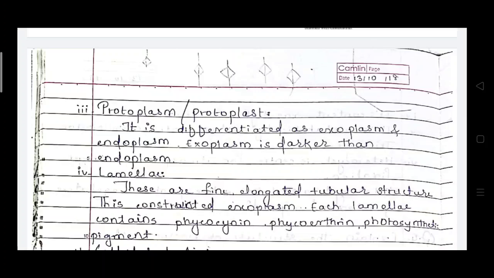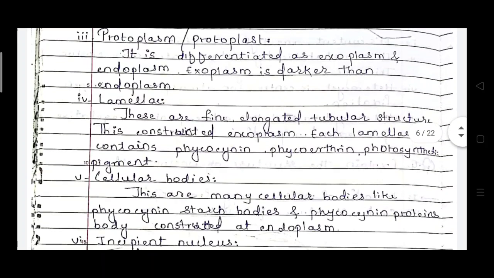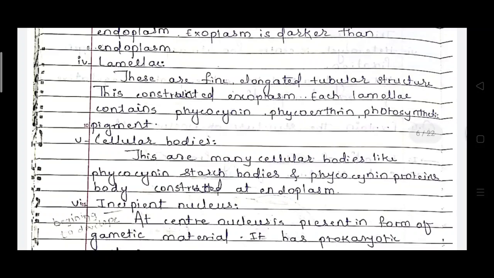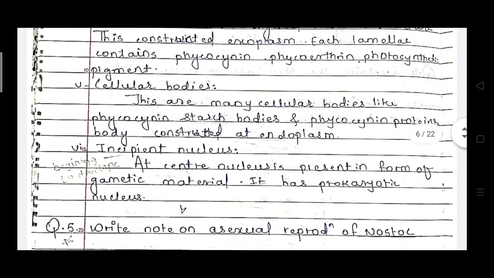The exoplasm is darker than the endoplasm. Also in these cells there are lamellae, and these lamellae contain pigments like phycocyanin and phycoerythrin, which are photosynthetic pigments. Then cellular bodies are also present, like phycocyanin starch bodies and phycocyanin protein bodies.